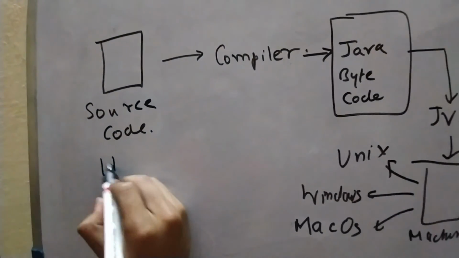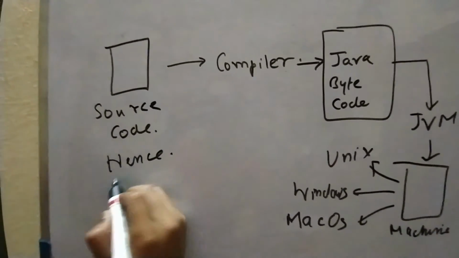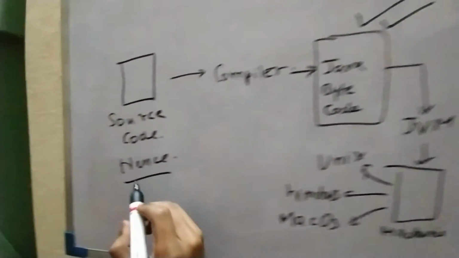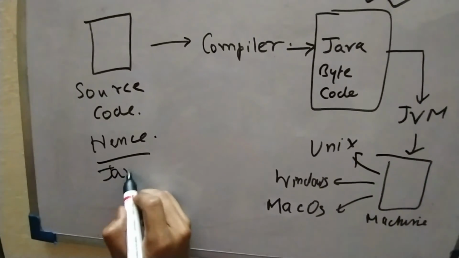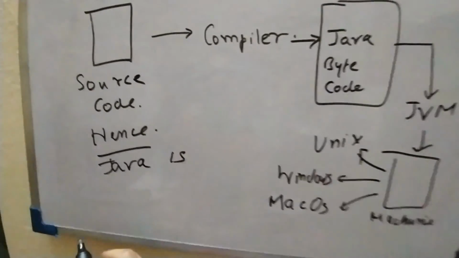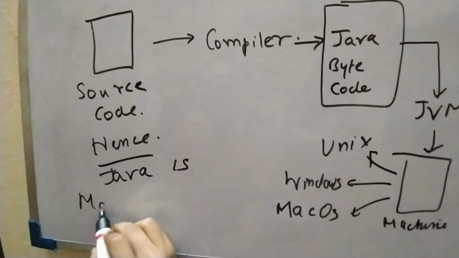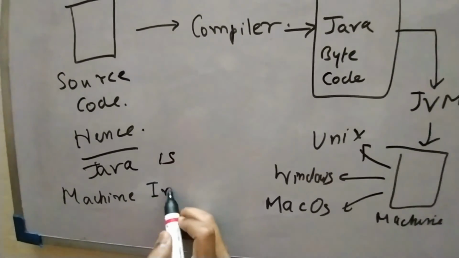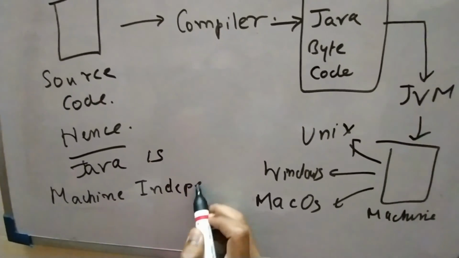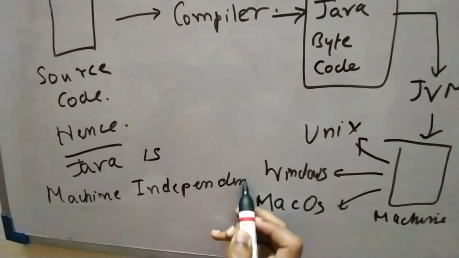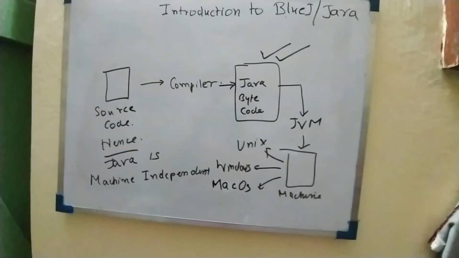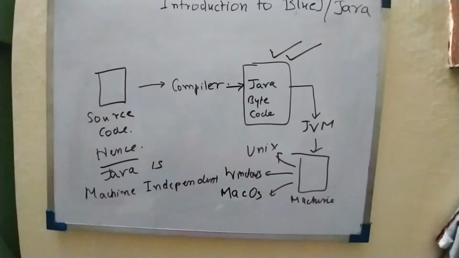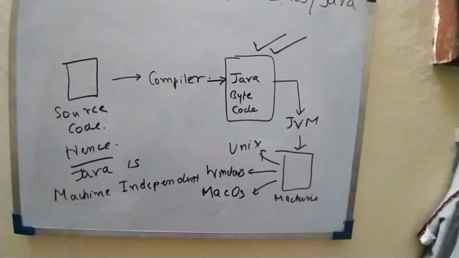Hence, this Java bytecode is the reason why Java is machine independent. It can be run on any computer. It can be taken from one computer and sent to another computer without any problem.